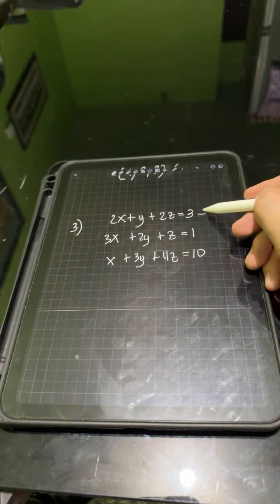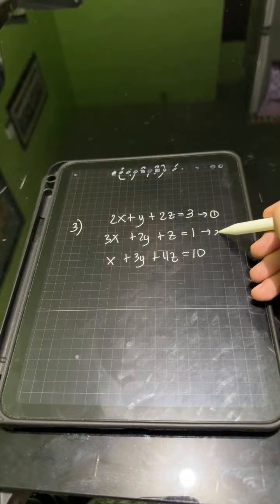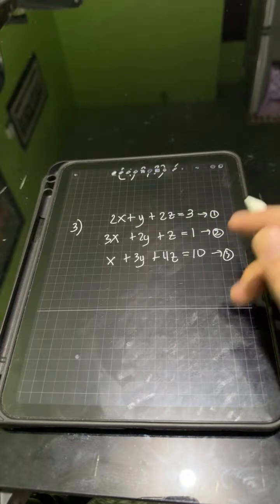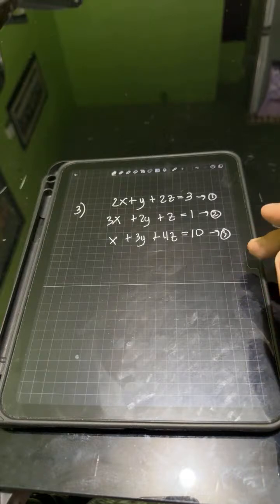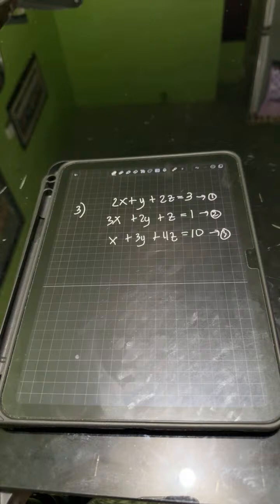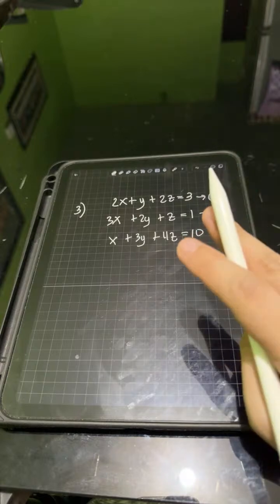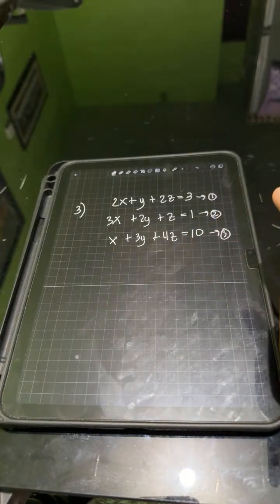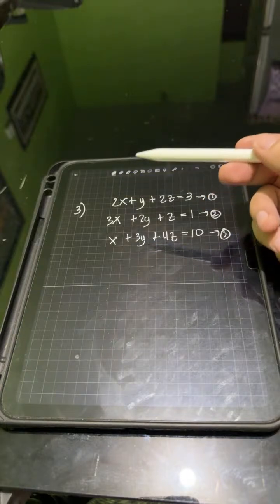Let's name these equation 1, equation 2, equation 3. Just like what we did in the previous problem, we eliminate one variable first so that we will have two equations in two unknowns. It's up to us what variable to eliminate first. You can eliminate x, y, or z first.